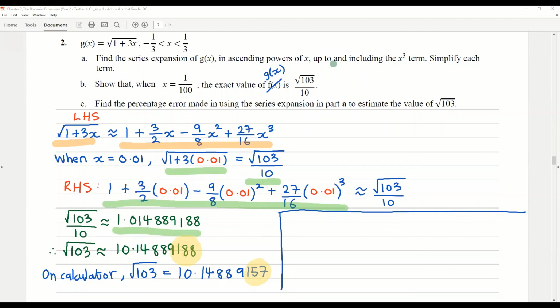So it's an overestimate. So let's just work out the difference. So we just subtract the smaller one from the larger one. So we're going to get 10.14889188 subtract an almost identical number, 10.14889157.